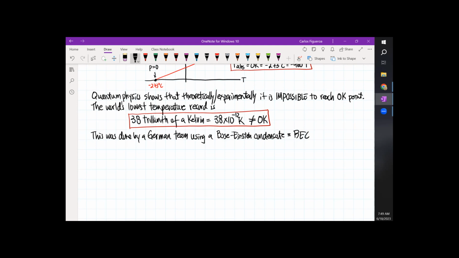If you really want something to read that's interesting, look at the connection between Bose and Einstein. There's a really, really gorgeous history behind that. This clearly shows that there is a lower bound in temperature.